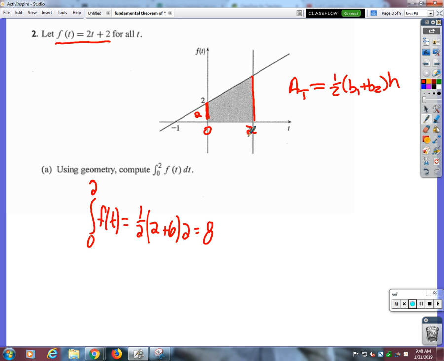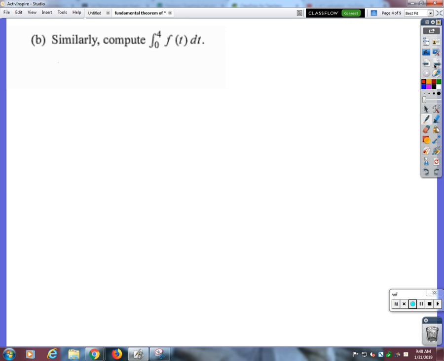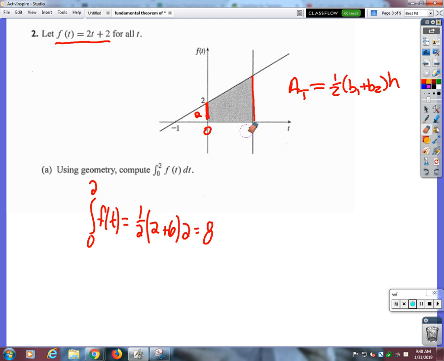Okay. All right, now the next one says let's do the same thing from 0 to 4. So I'm going to change this to 4. For part B, if I want to do the integral from 0 to 4 of f of t, oops, I forgot the dt there. I'm going to go 1/2.